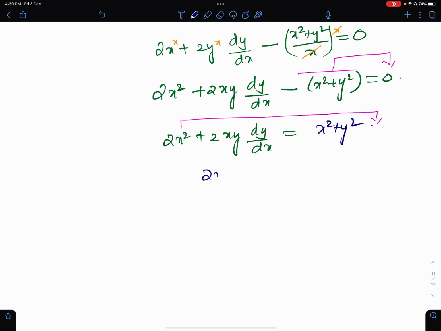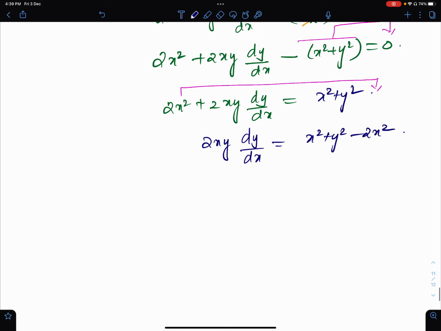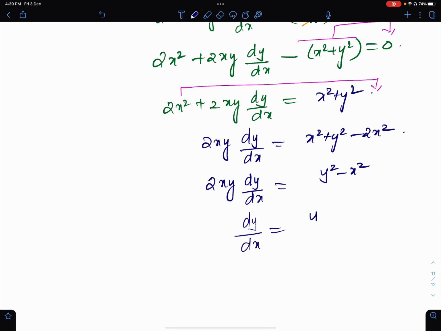It is 2xy dy by dx is equal to x square plus y square minus 2x square. So 2xy dy by dx is equal to y square minus x square. Simplifying, dy by dx is equal to y square minus x square by 2xy.